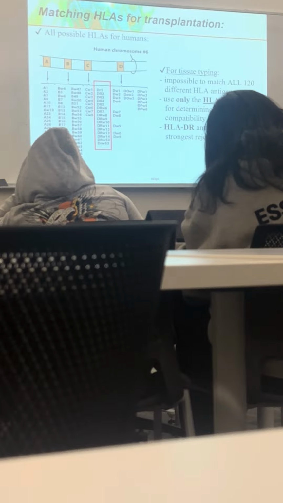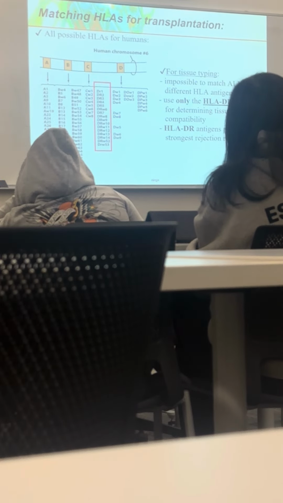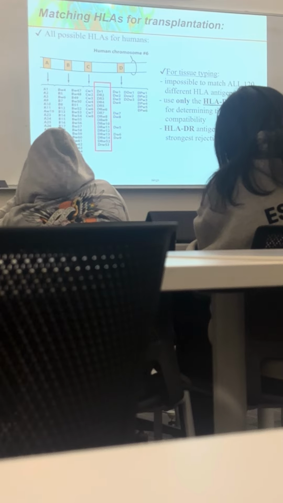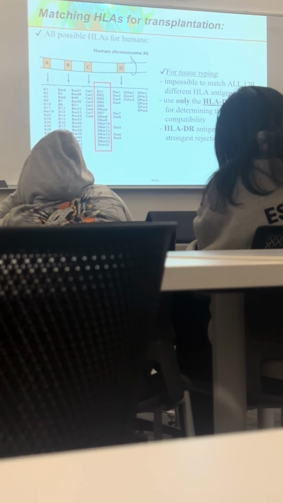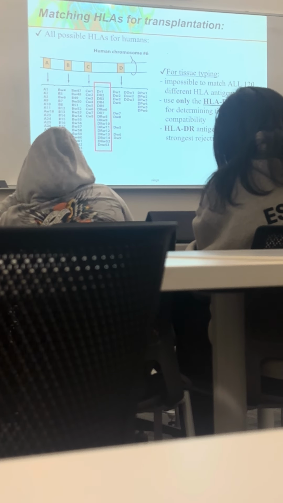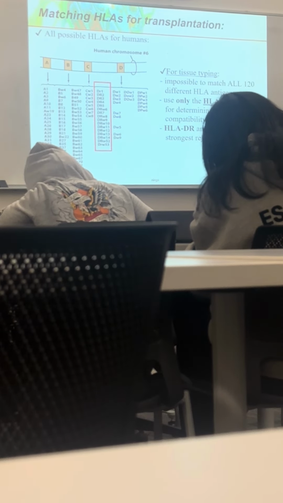There are many different HLAs, as seen up there, but the HLAs that we want to make sure match are the ones that express the biggest response if they don't match. The ones that we want are the ones that spell doctor. Those are the ones that we try to match. Those are the priority. If those match, then we can move forward.